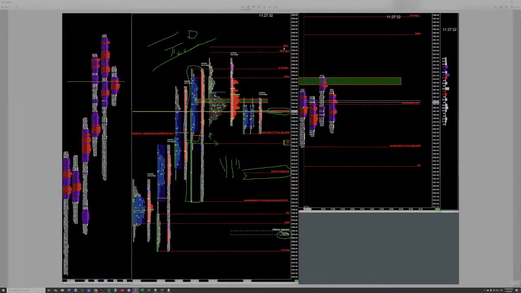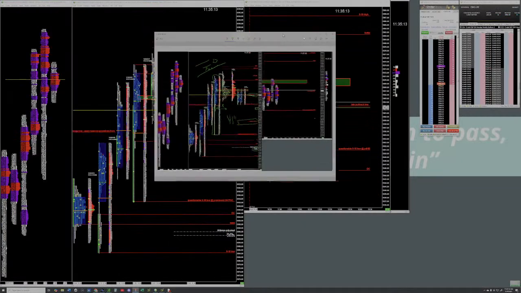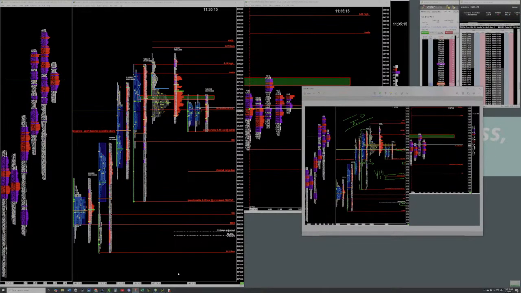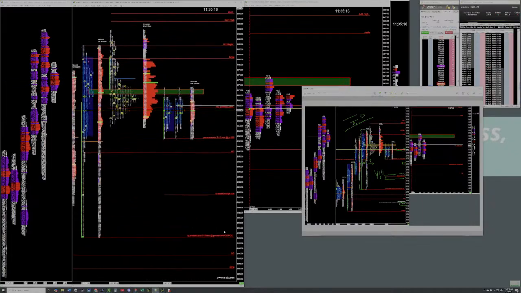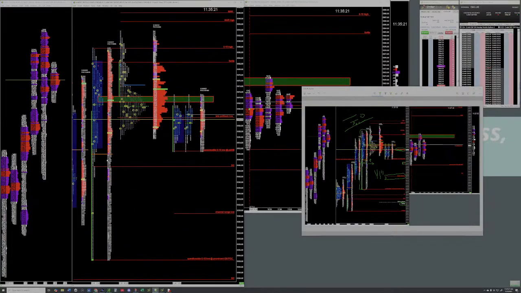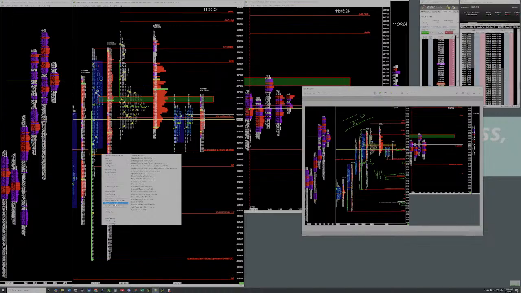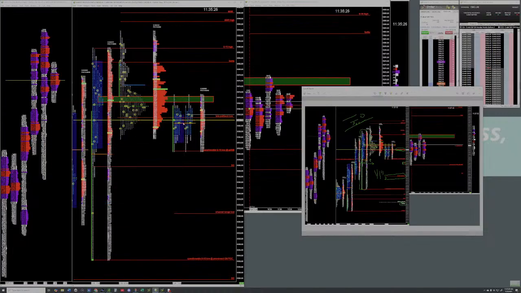Now, the upside, what do we have on the upper side? Before we go over there, let's take a look at what the market is doing now. Did you notice what the market is doing now? This is the center of today's.